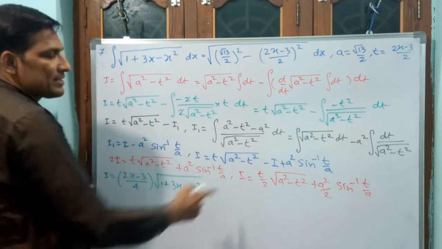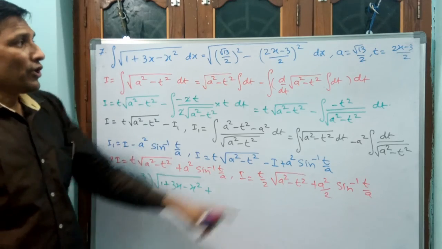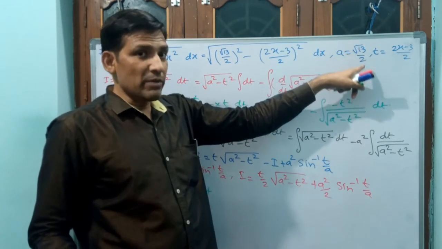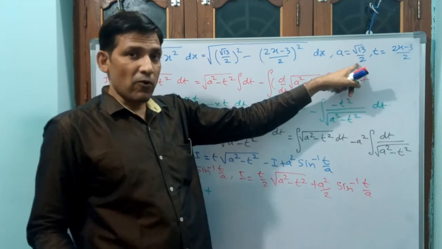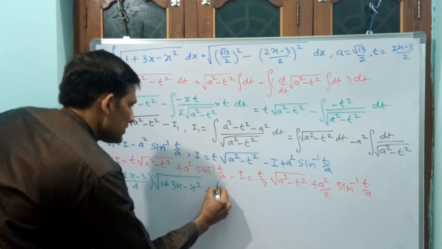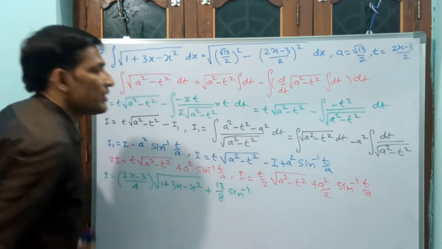This one you have converted in this form. Plus a square by 2. A will be root 13 by 2. A square means 13 by 4. 13 by 4 divided by 2, 13 by 8. 13 divided by 8 sin inverse t by a.